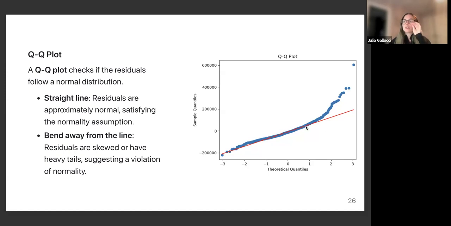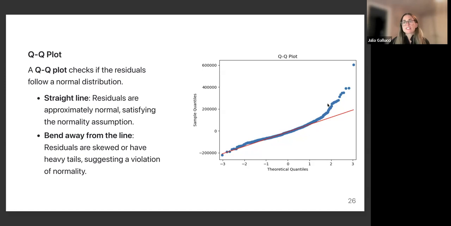However, if the points bend away from the line, either above or below it, this would indicate that the residuals are not normally distributed. Perhaps there's some skewness where residuals are not symmetrical, or there are heavy tails at extreme values of y, where this assumption is not met.